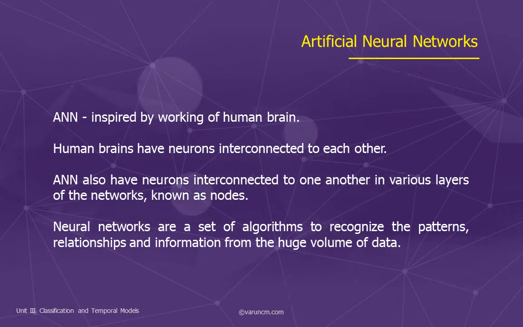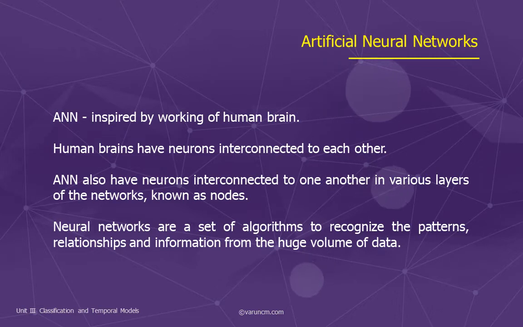The human brain consists of a number of neurons that are interconnected to each other, that we know. Similarly, the ANN also contains neurons which are interconnected to each other through various layers of the network.